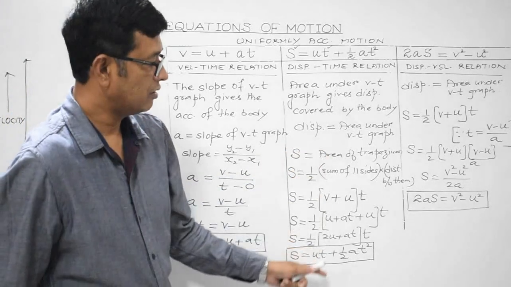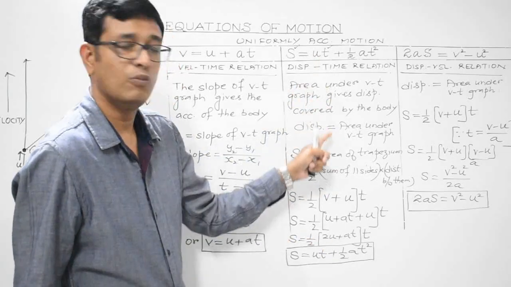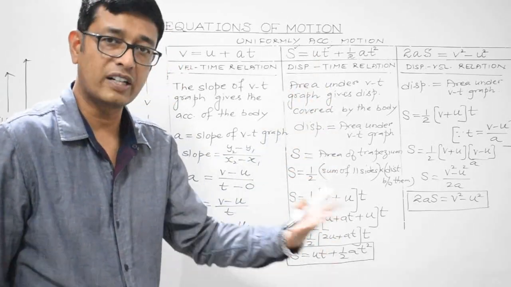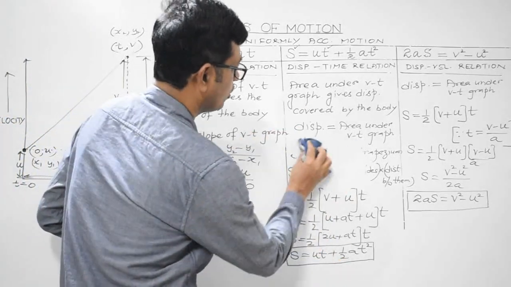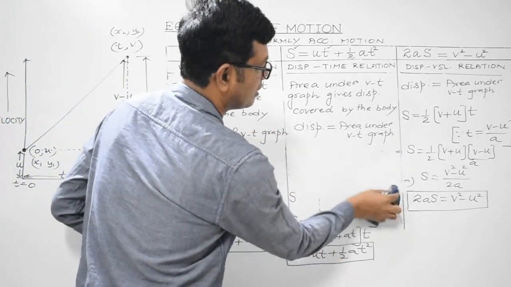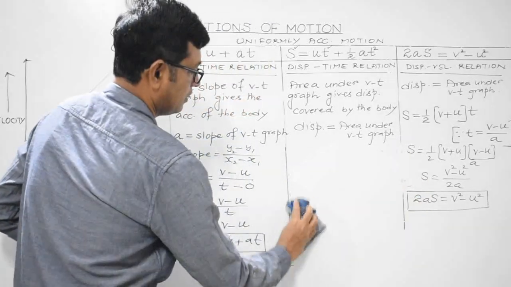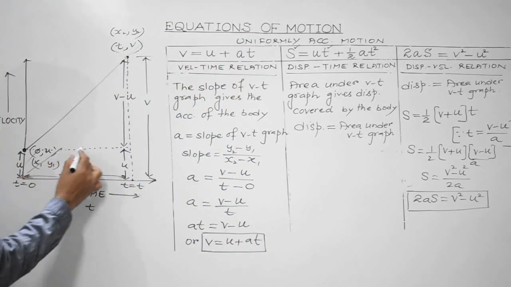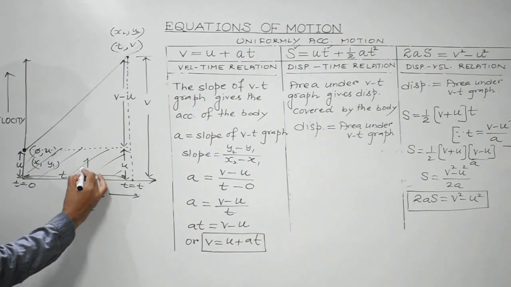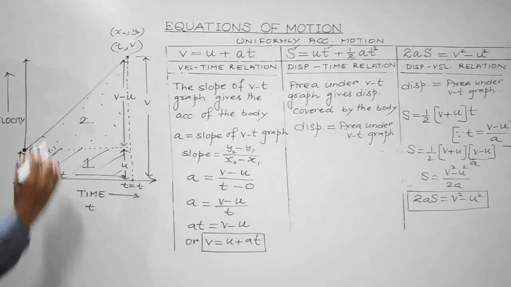Now let us come back to the second one. This second equation of motion can also be derived in some alternative manner as well. Here, this is the correct process, but we can also consider another scenario. We can divide the entire diagram into two parts. This is the rectangle, considered to be first, and this is the triangle, considered to be second.